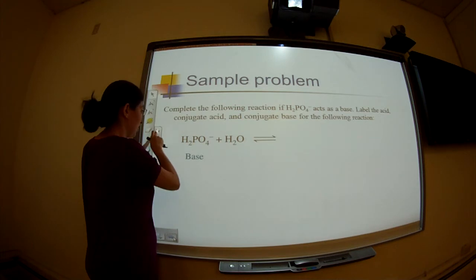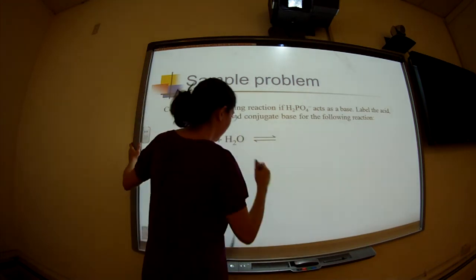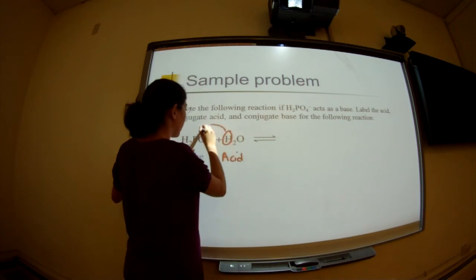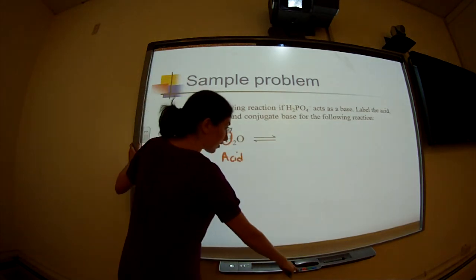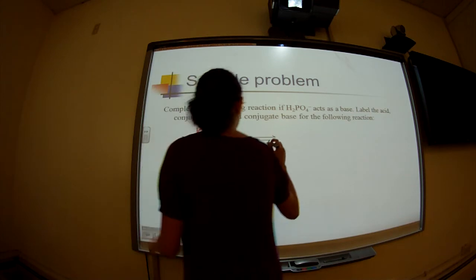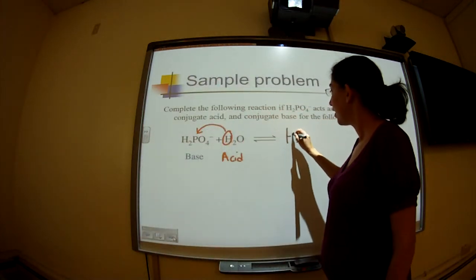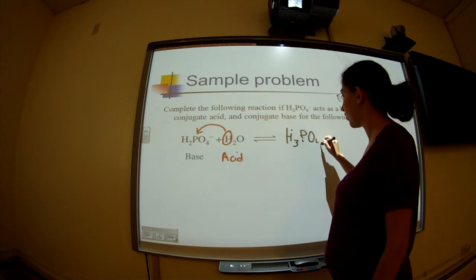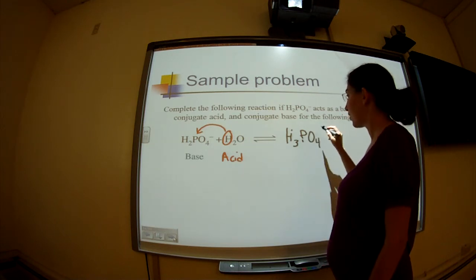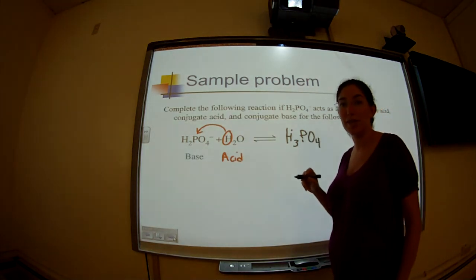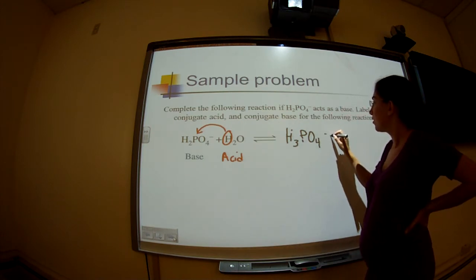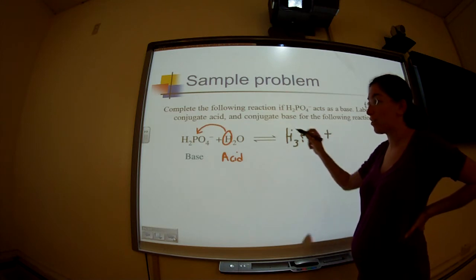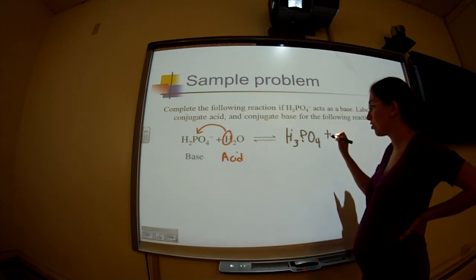I want to color code here. This has to be the acid, meaning that it's donating a proton. Now let's write our products. Our products are going to be H3PO4. It's getting another hydrogen, and since it gained a proton with a plus charge, we canceled out that minus charge.